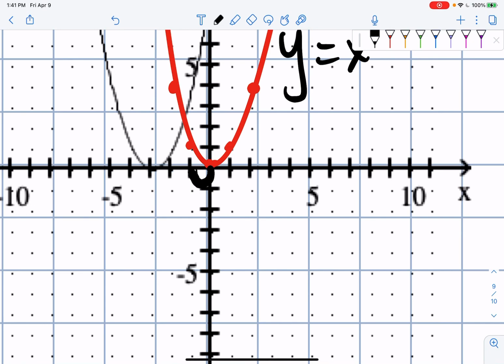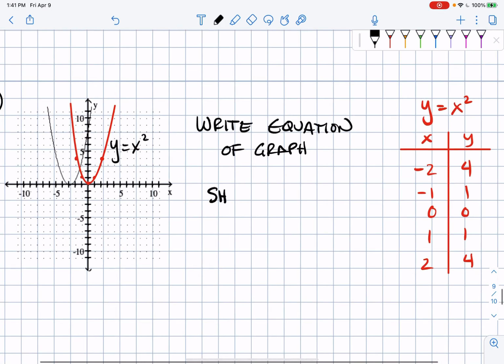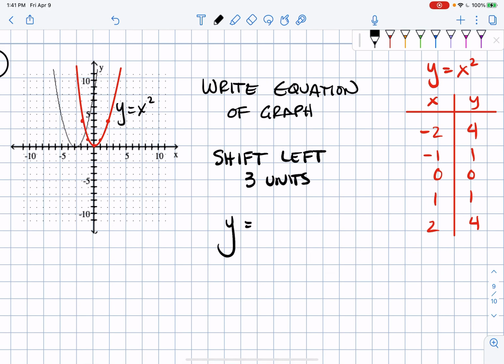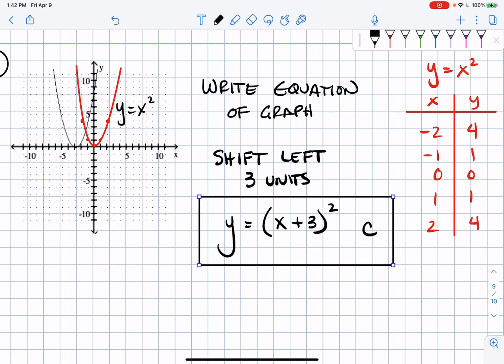So I did 3 units to the left. So therefore, this must be y is equal to (x plus 3) squared. And that is going to be choice C. All right? Because, again, everything affecting the x is backwards, and that's why it had to be that.